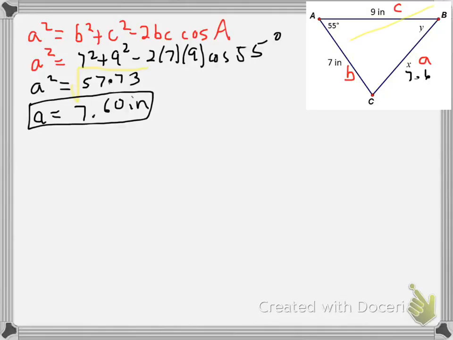Now I probably want to go here. I've got a side and an angle. That will help me get this angle, and I'll know if this is obtuse or not, but it doesn't really matter. I'll get to the y very quickly now. So let's use the law of sines now. It's a little easier to use.